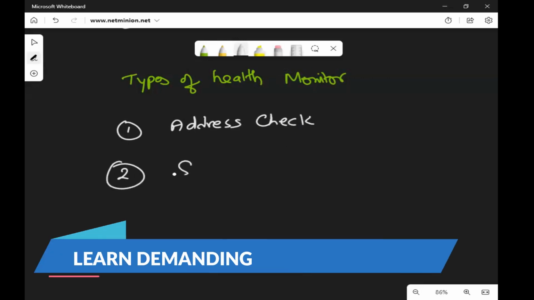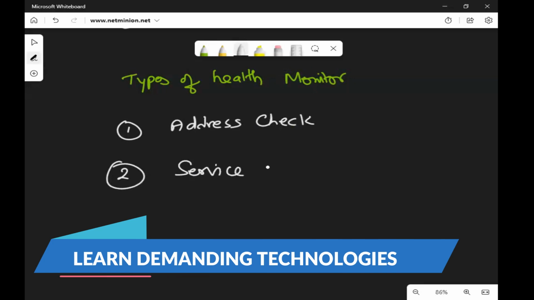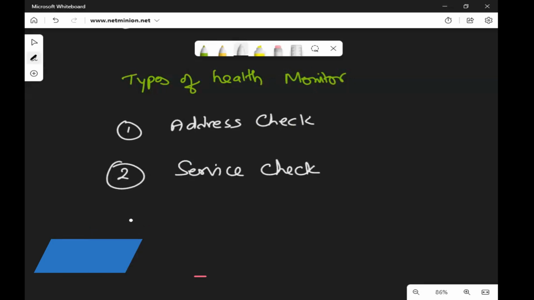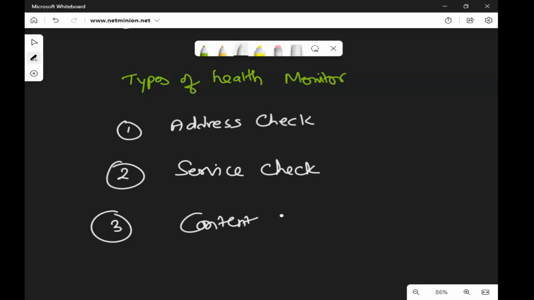Second is the service check. Third is the content check. So these are the three types, depending upon what kind of monitoring you are doing. If you are doing very simple monitoring, let us now talk about the very first one, the address check.